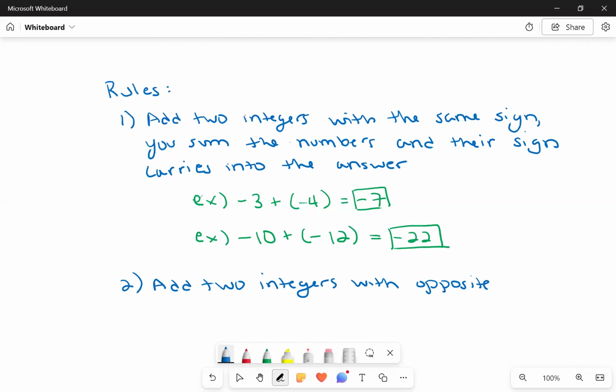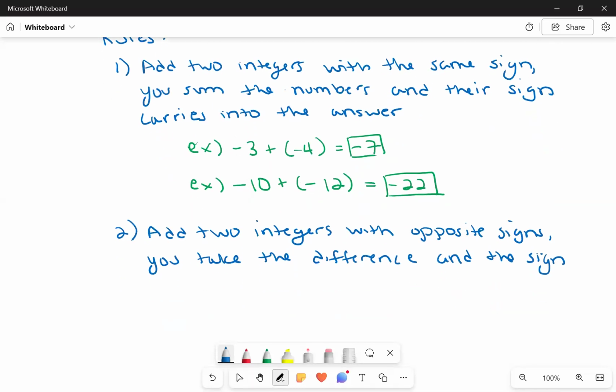So if you add 2 integers with opposite signs, you take the difference, meaning you subtract them, and the sign of the answer is the sign of the bigger number.